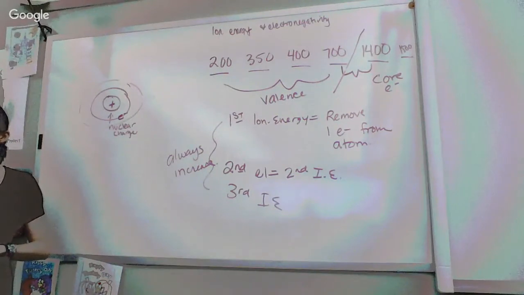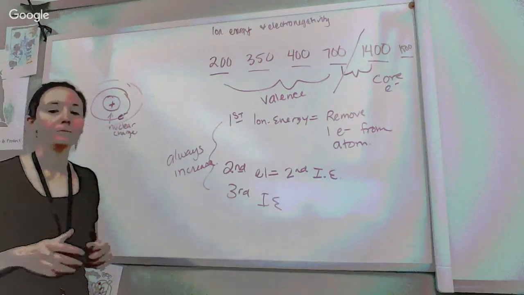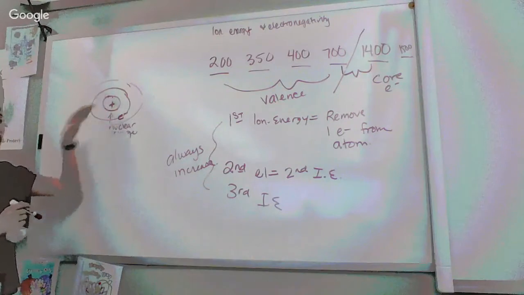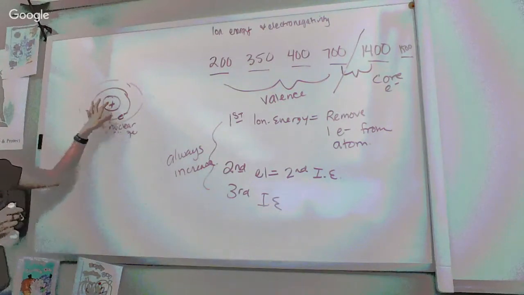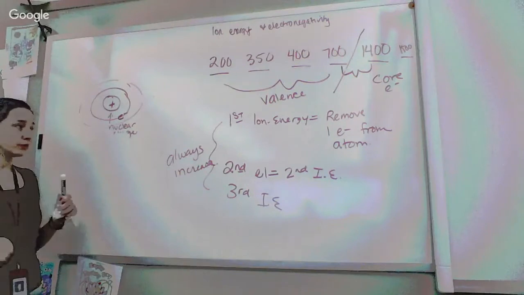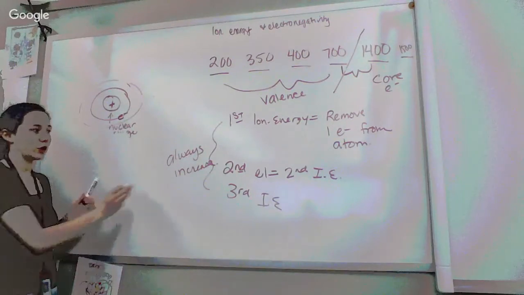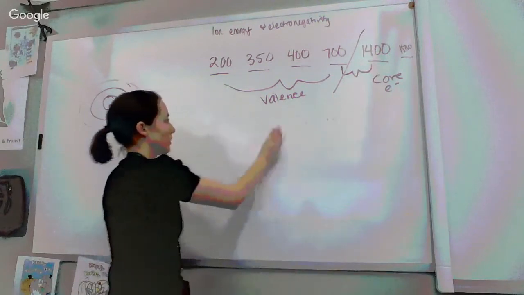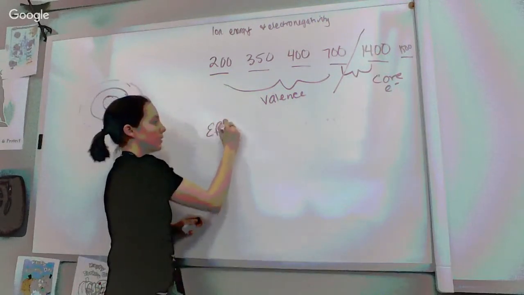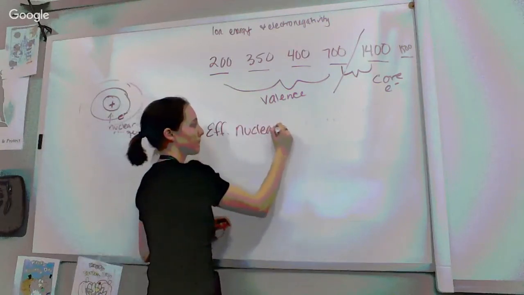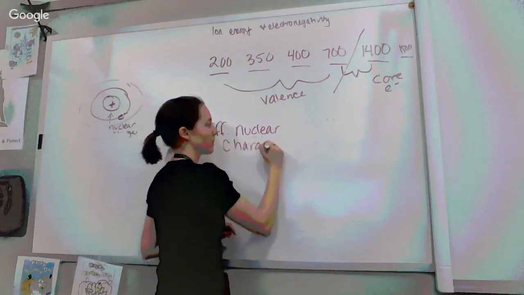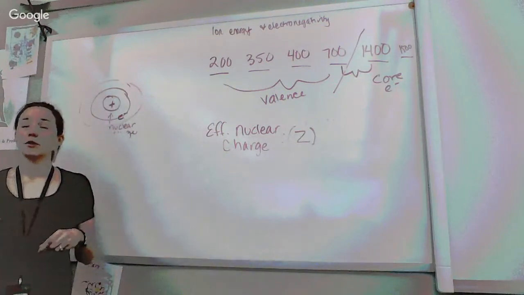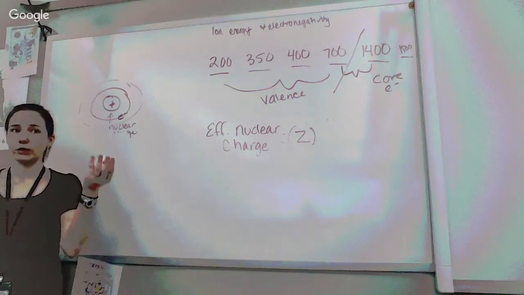So can you also explain effective nuclear charge? Yep, so if we were to go back to this picture right here. Nuclear charge is just going to be how many protons are in our nucleus. When we go to look for effective nuclear charge, we're going to talk about effective nuclear charge and shielding together. Your effective nuclear charge is typically measured in Z, and it's how well your nucleus is able to attract the outer electrons.